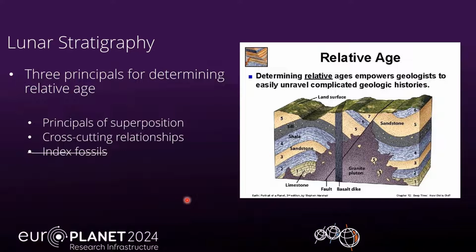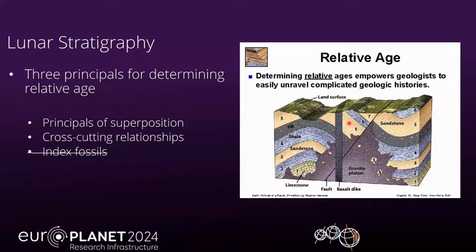Then there's the principle of cross-cutting relationships. Here, for example, you have a basaltic dike that cuts through and truncates these other units that are next to it. In this case, you know that the basaltic dike is younger than the units that it cuts through.